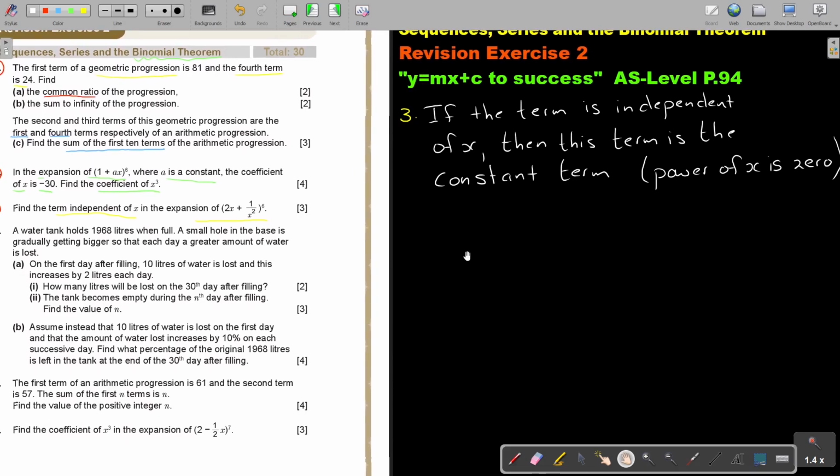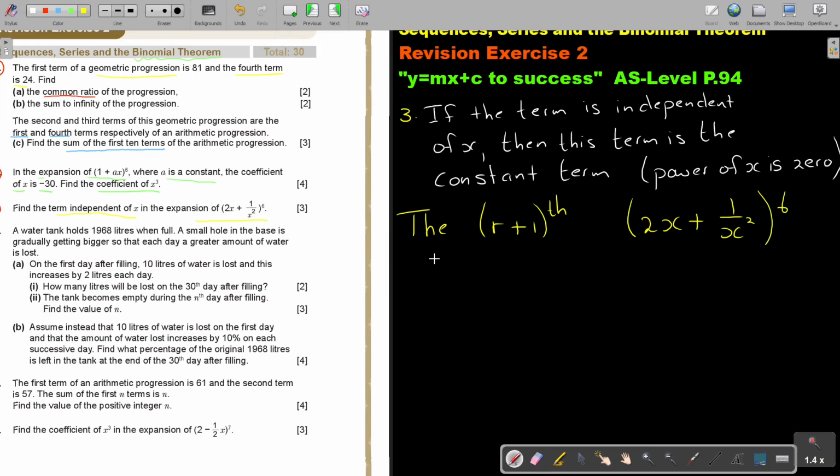Now first, this is the formula that I showed you. The r plus 1 term. I'm going to first work this out, of this expression (2x plus 1 over x squared) to the power of 6.